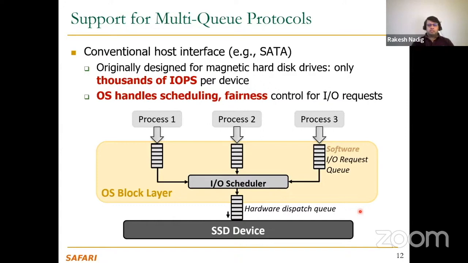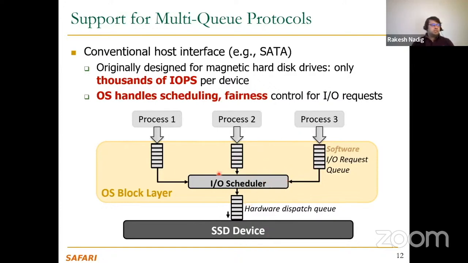And so in a SATA SSD, if let's say 3 processes are running in the host system, the operating system running on the host will have software IO request queues, which will take the requests from these processes, and send them to an IO scheduler. The IO scheduler has to schedule these requests and send them to the device, and it also has to maintain the fairness among all the IO requests.